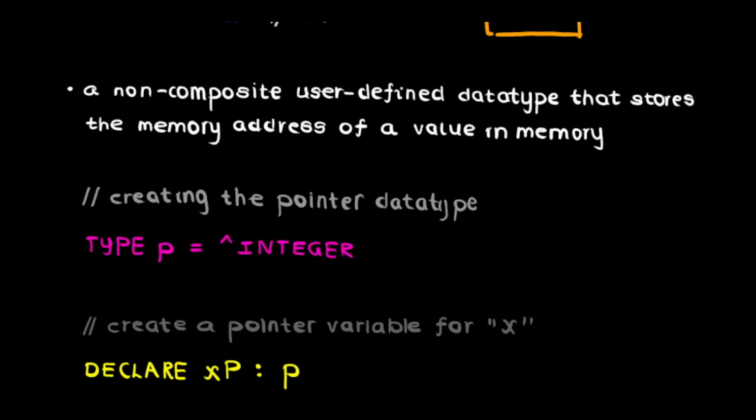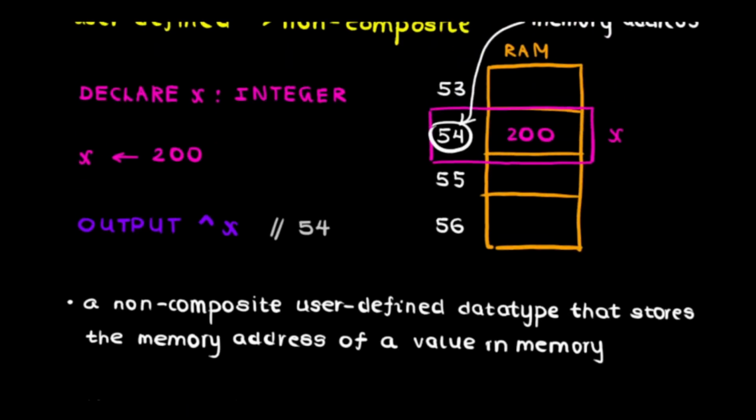And let's actually look at how these p and xp are actually created in the memory also. When I create a data type called p and set it to a pointer to an integer, nothing really happens to memory. But when I create a pointer called xp specifically of that data type for my x variable, only then would a space be allocated for my pointer in memory. So for my pointer to x, where the pointer is just the memory address to x, there would be a new memory location allocated by the operating system, and this would be xp in this case.